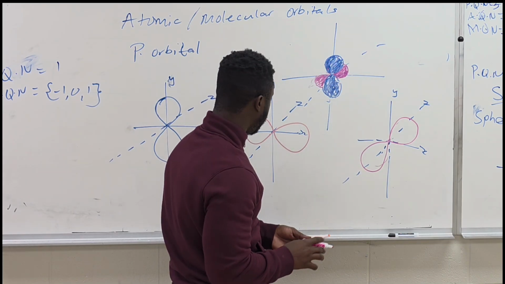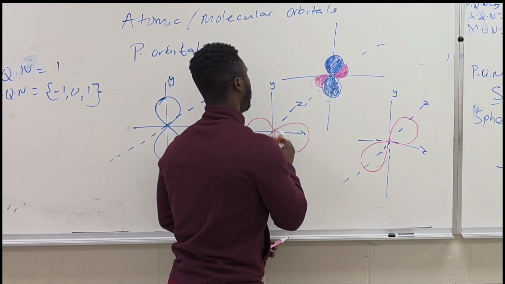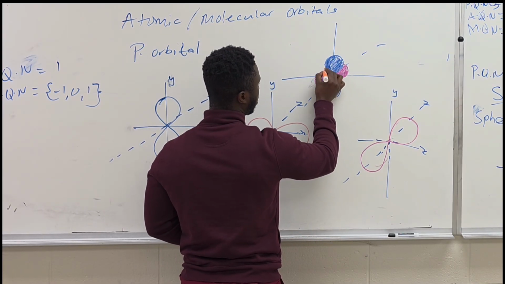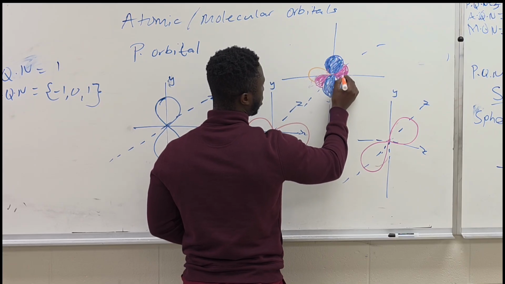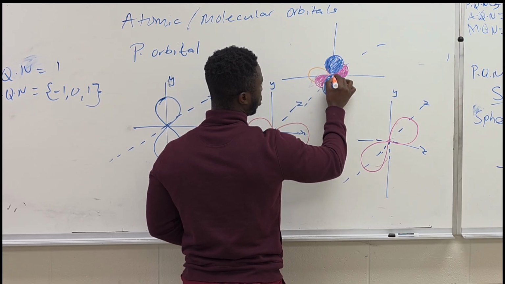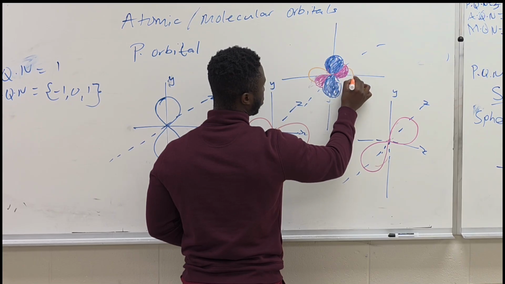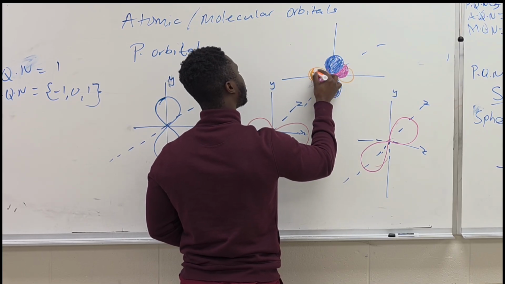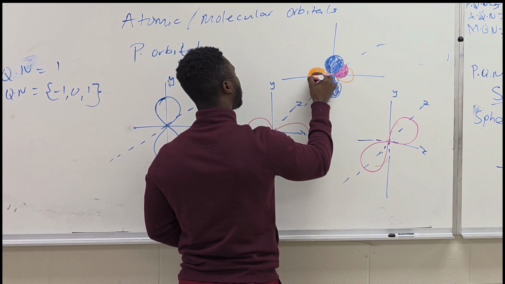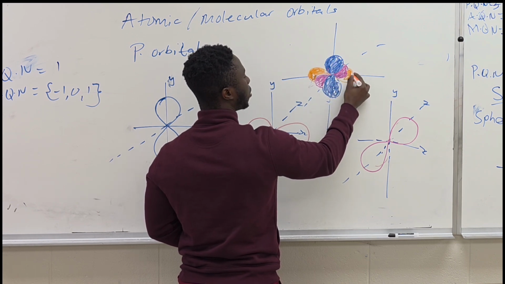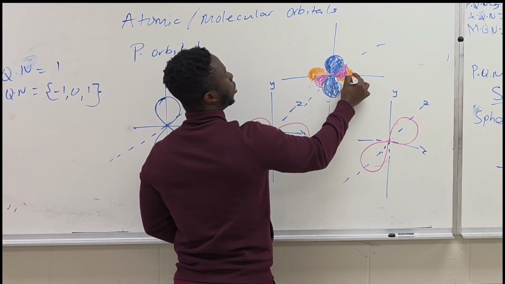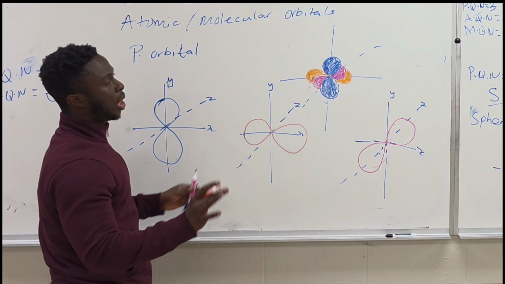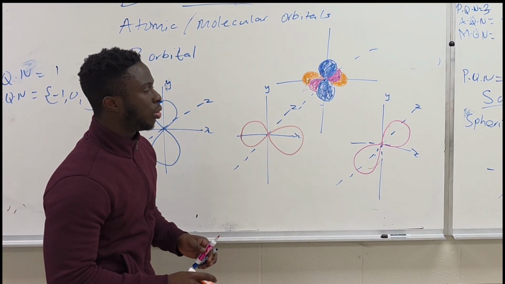And then our last but not the least, the px, which goes on the x axis, right? So that will be, and then let's say it goes that way, it is behind it, it comes this way, and it goes up. Right. So you're gonna have something like this when you talk about the P subshell, right?